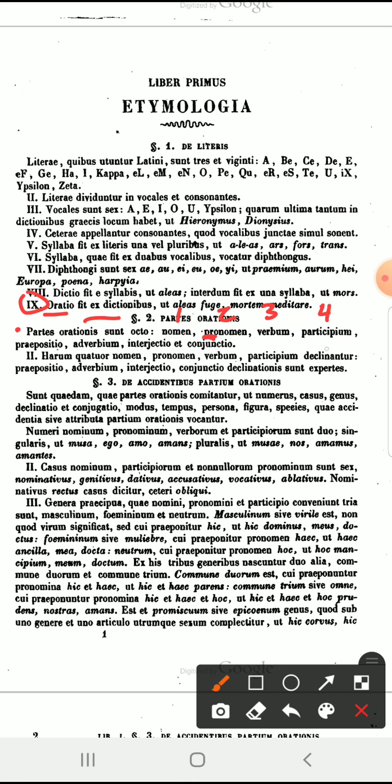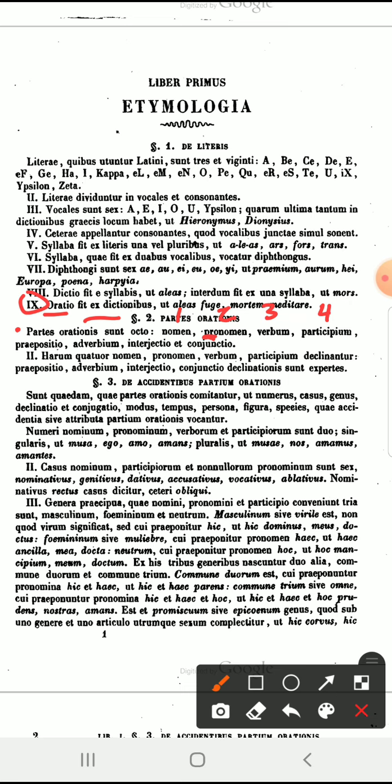The fourth part of speech is participium. And in English, that's participle. The fourth part of speech is participle. It's called a participle because this part of speech participates in the characteristics of both nouns and verbs. We'll understand what that means when we study participles later.